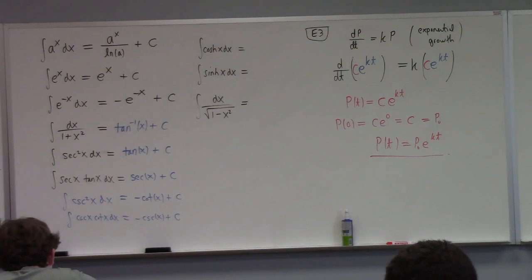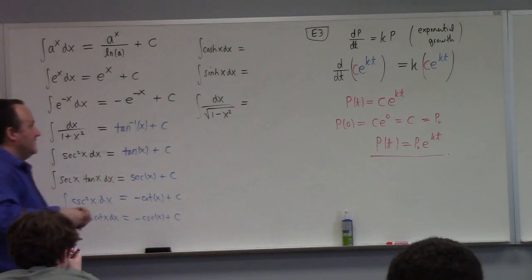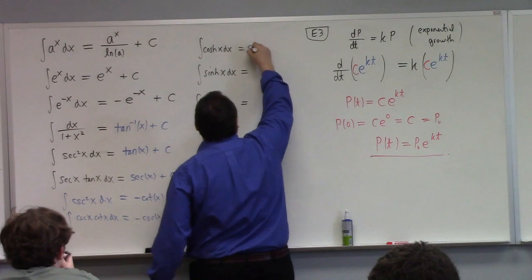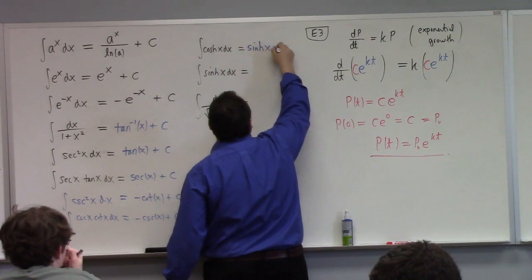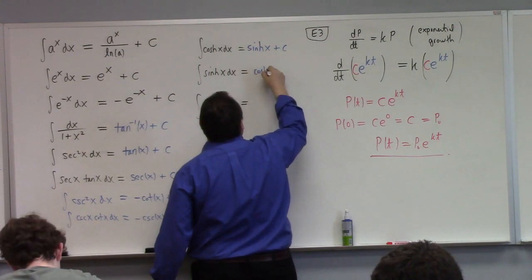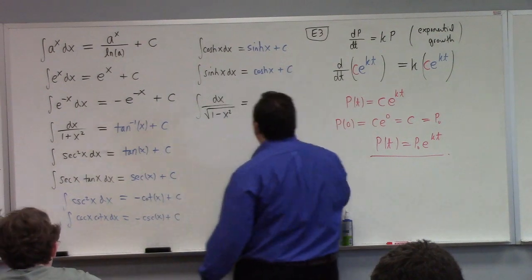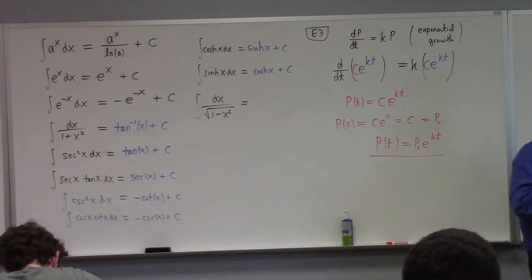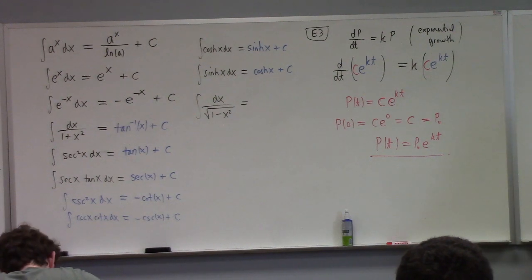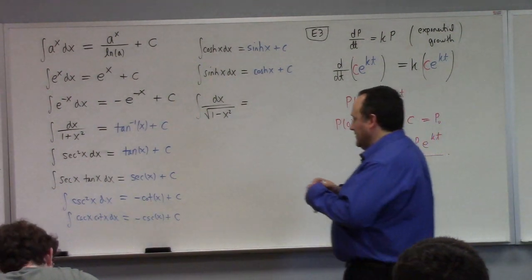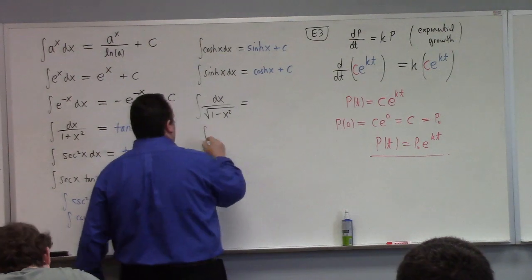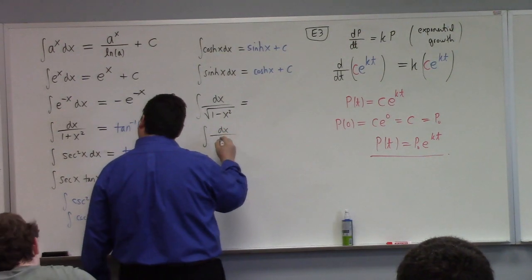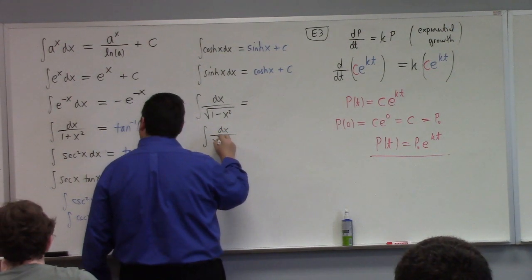What's the integral of cosh? Sinh plus a constant, of course. What's the derivative of sinh? Yeah, isn't that so? Sinh and cosh are so nice, you know? What function differentiates to 1 over the square root of 1 minus x squared? What function differentiates to 1 over x squared minus 1?